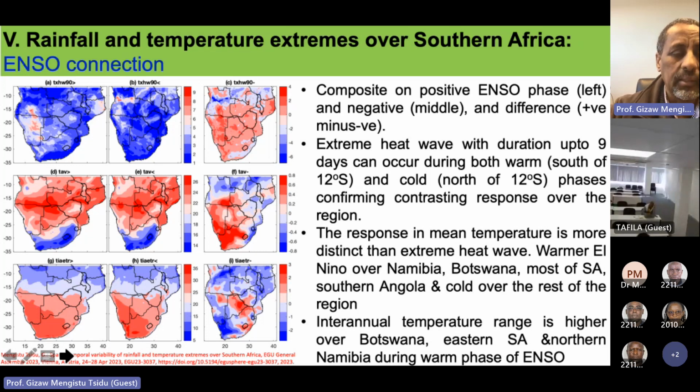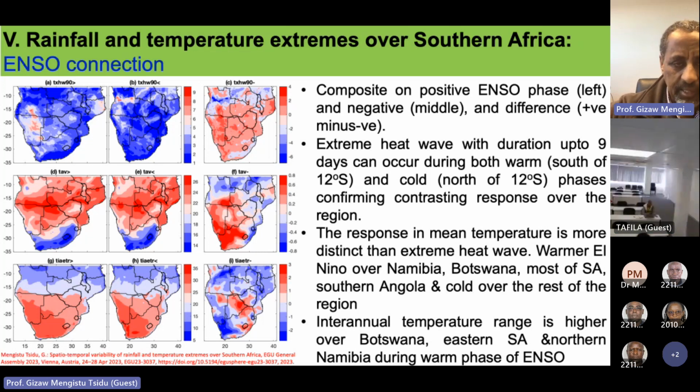These are precipitation events, but here on this slide we see again the temperature events. We have seen these heat waves, mean temperature, interannual temperature range, and how they behave during El Nino and La Nina.